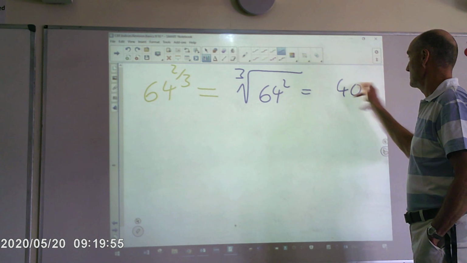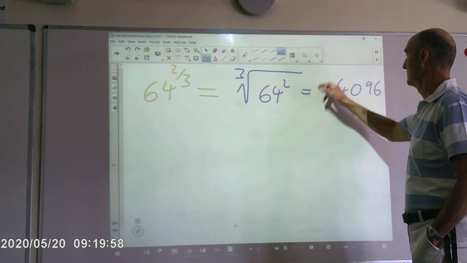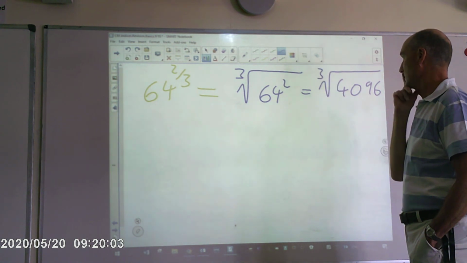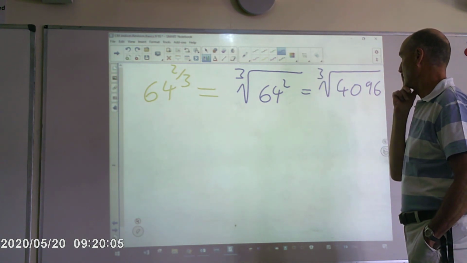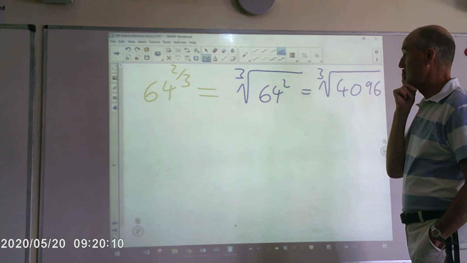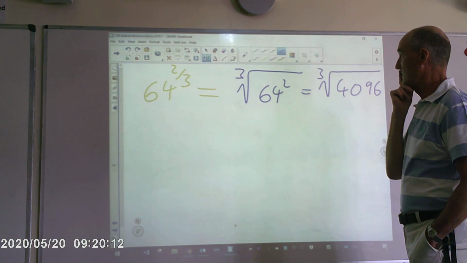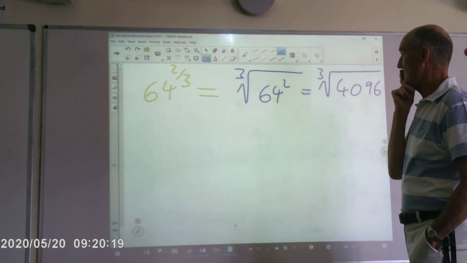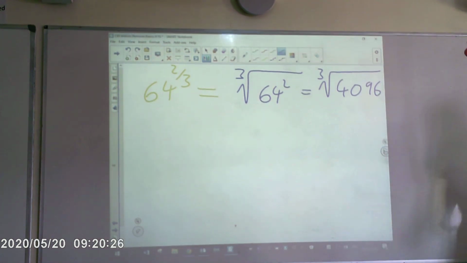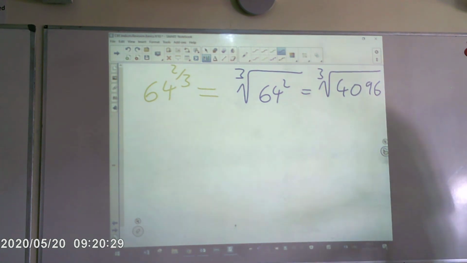It's 4096. Cubed root 4096. Let's just make sure we're right on this. We squared it, 4096. Cubed root 4096. Let's just make sure. I'll use my calculator here.